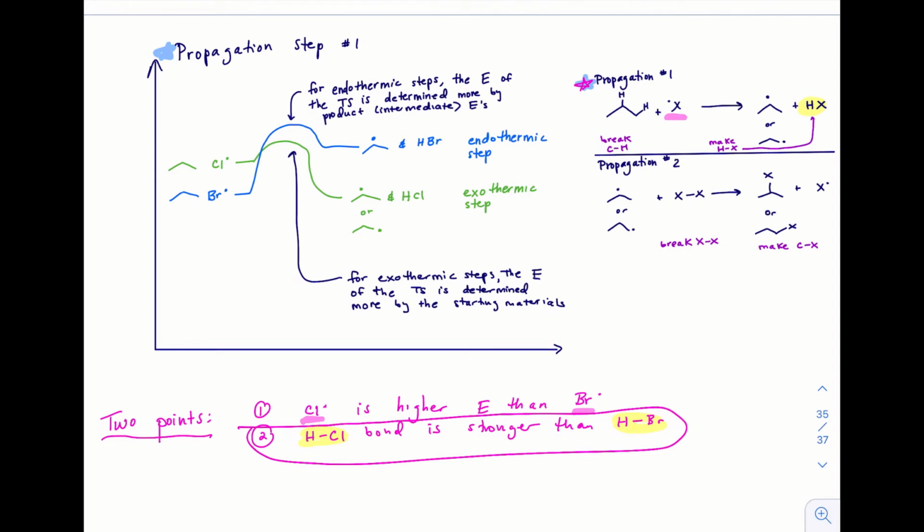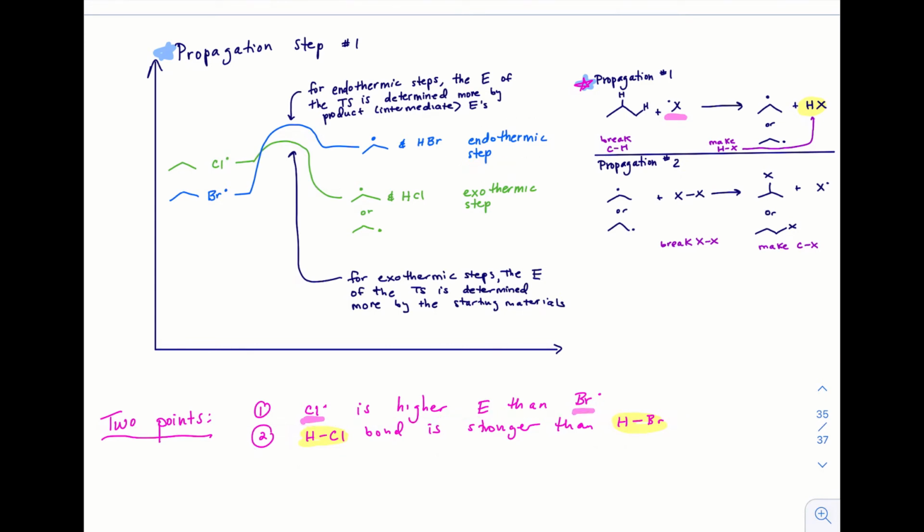Thus, since chlorine starts out higher energy than bromine, and because the HCl bond is lower energy than the HBr bond, propagation step 1 is exothermic for chlorination and endothermic for bromination.